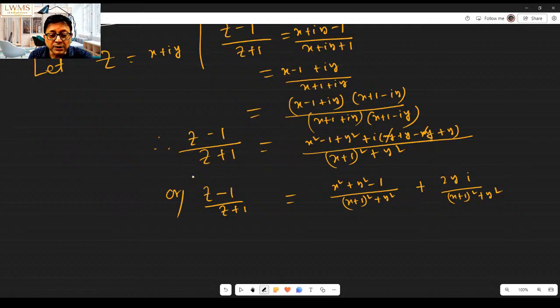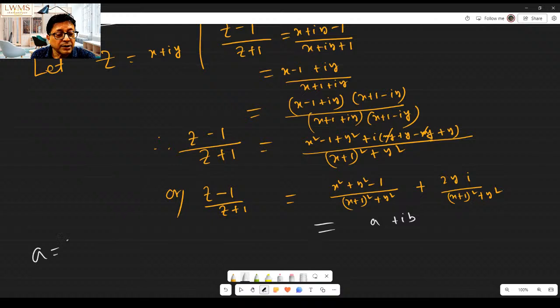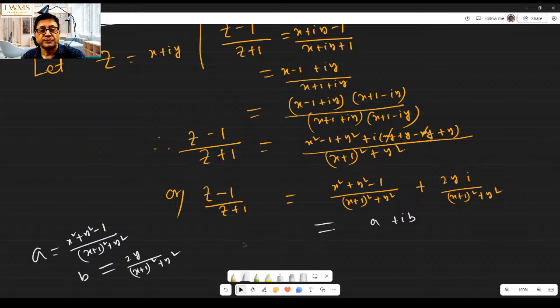This is of the form a plus ib. What is a over there? This divided by the denominator, and b is what? Clear?